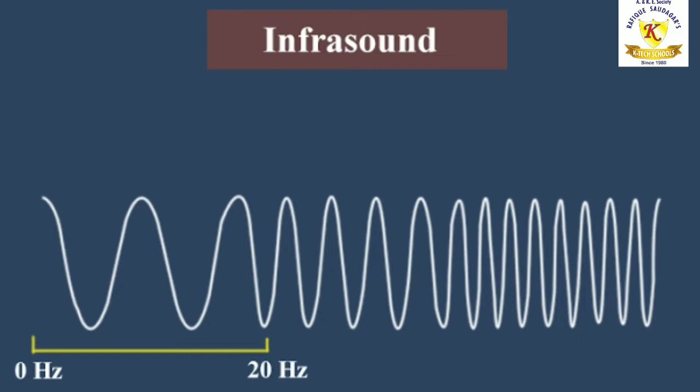For example, the sound produced by a pendulum and the sound generated by the vibration of the earth's crust just before an earthquake are some of the examples of infrasounds. Understood, children? Sounds which are less than 20 hertz are called infrasound. Okay, children. I hope you have understood this.